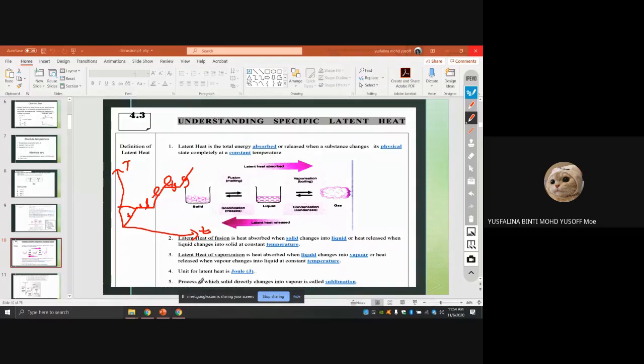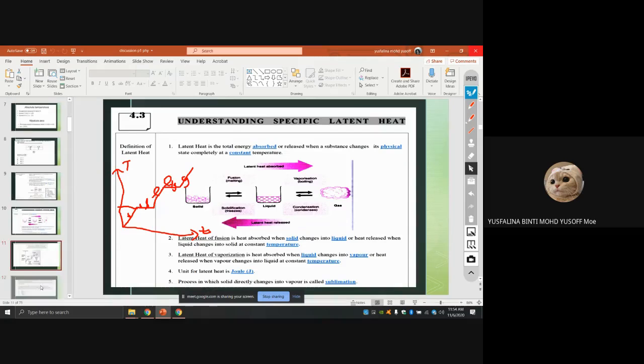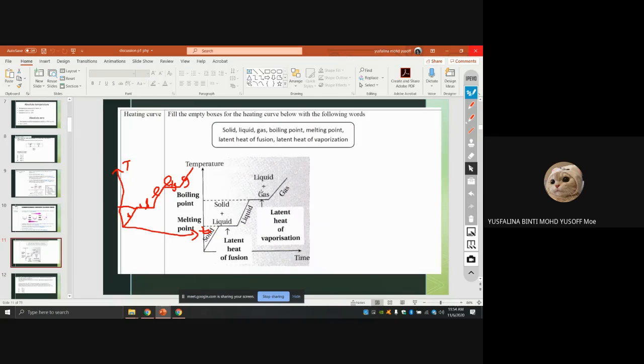The process in which solid directly changes to vapor is called sublimation. This is the graph that I already explained: solid, solid plus liquid, liquid, liquid plus gas, gas. This part is latent heat of fusion, and this part is latent heat of vaporization.